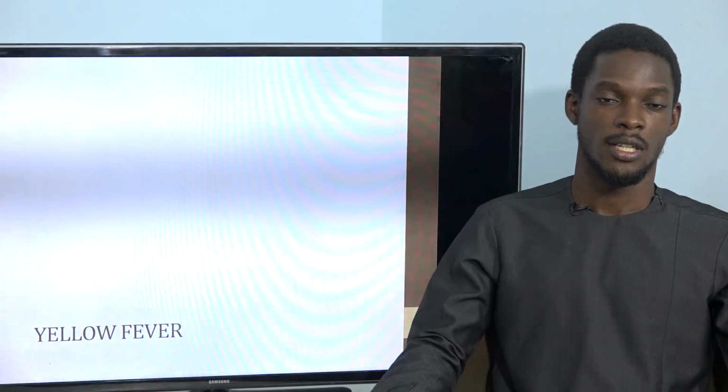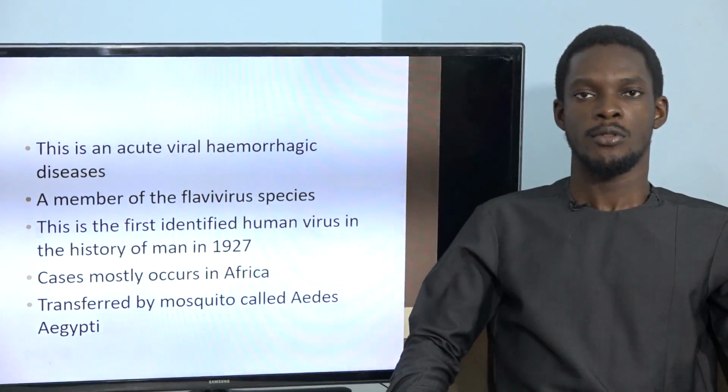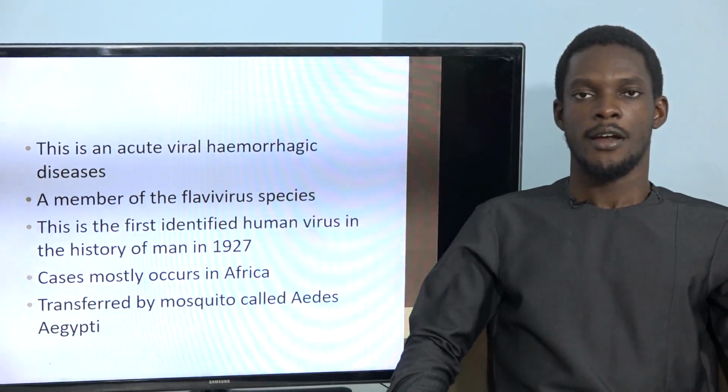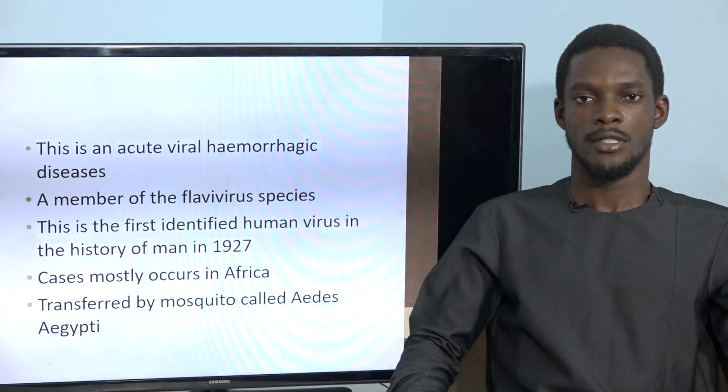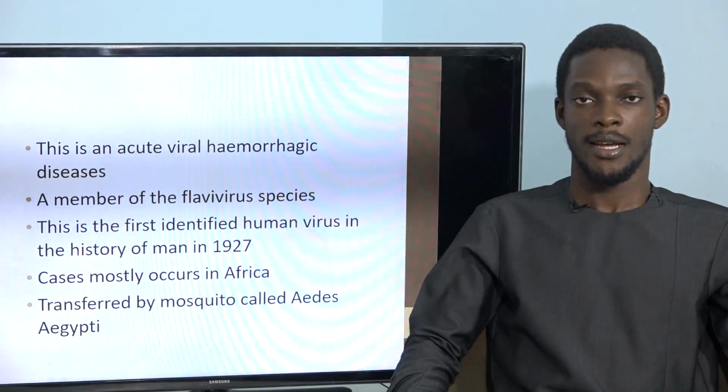Yellow fever. Yellow fever is an acute viral hemorrhagic disease. The virus that causes yellow fever is a member of the flavivirus genus. And yellow fever was the first human virus to be identified, in the year 1927.